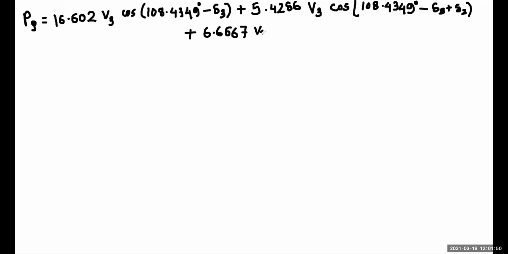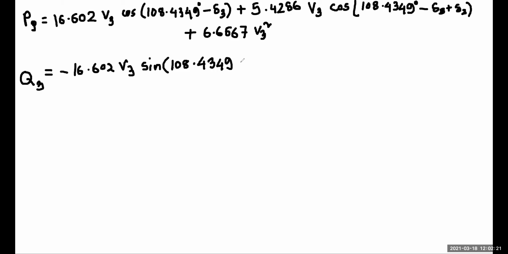V3 square. Now, what about your Q3? Can anyone say what your Q3 is? All the sine will be what? Now, all the cos will be sine, right? And all the signs will be minus. So this one will be what? 16.602 V3 cos will be sine, and there is a minus in front of it, right? Fine.